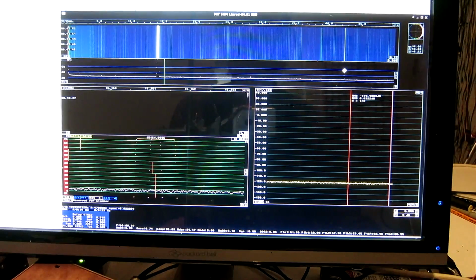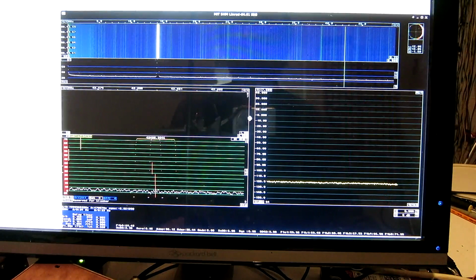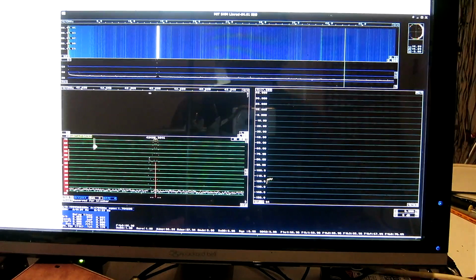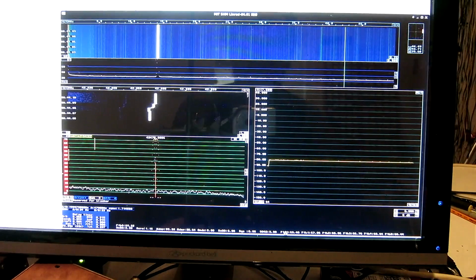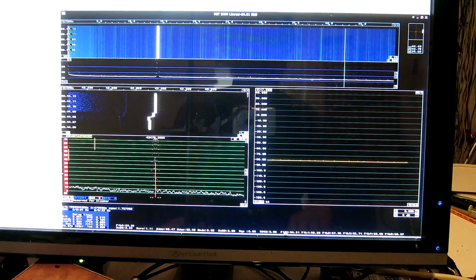The dominating spur is the third overtone. It's up here. I click it like that, and I don't want to have a narrow filter anymore because it's easier to look here. It is suppressed by 80 decibels.